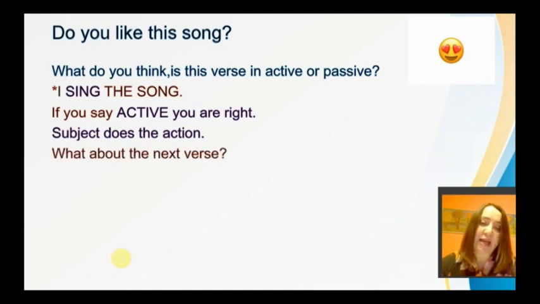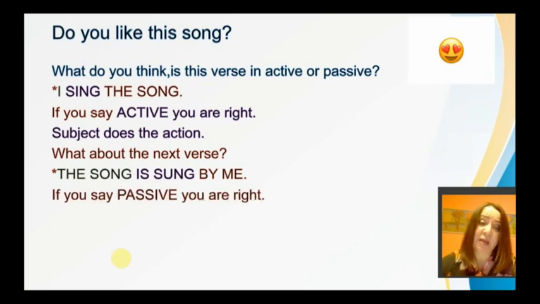What about the next verse? The song is sung by me. If you say passive, you are right.